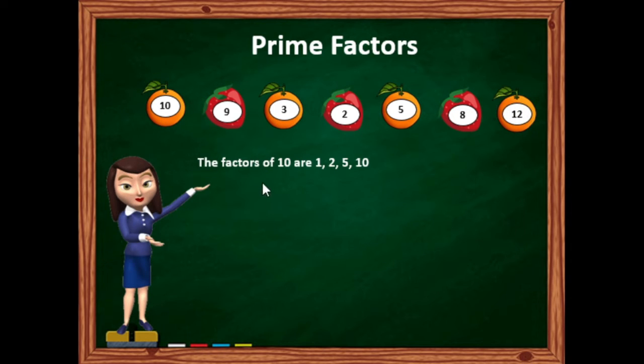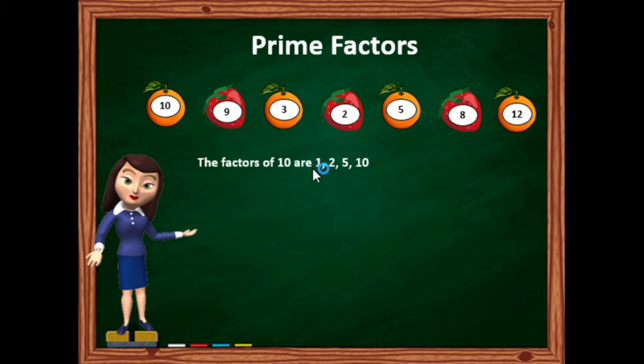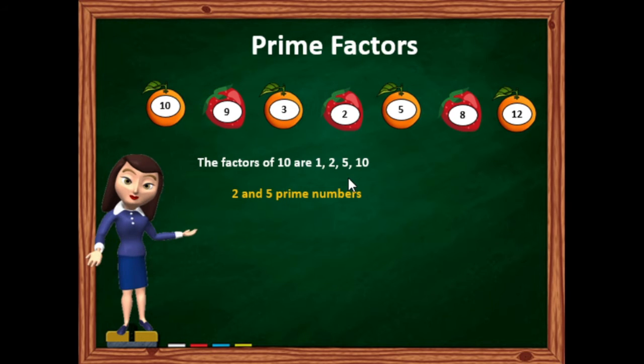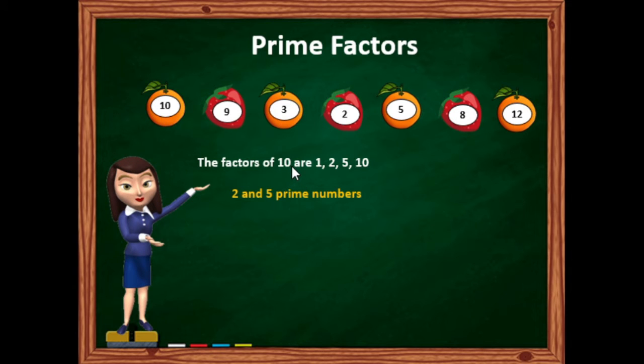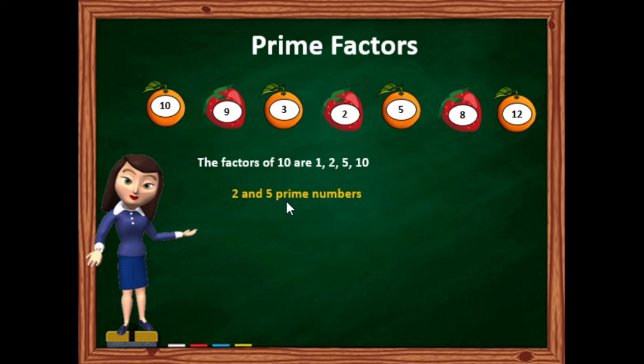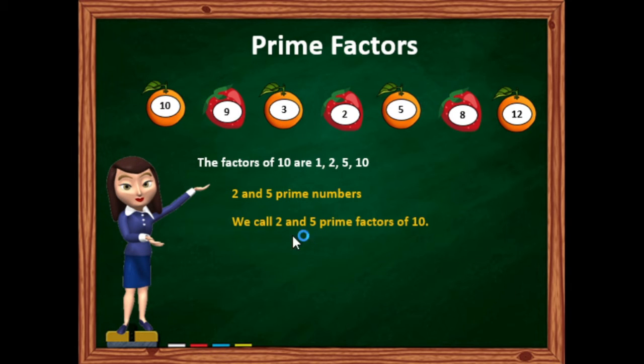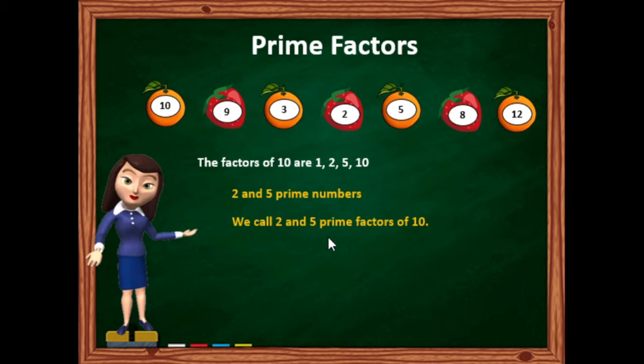The factors of 10 are 1, 2, 5, and 10. Among the factors of 10, 2 and 5 are the prime numbers. We call 2 and 5 prime factors of 10.